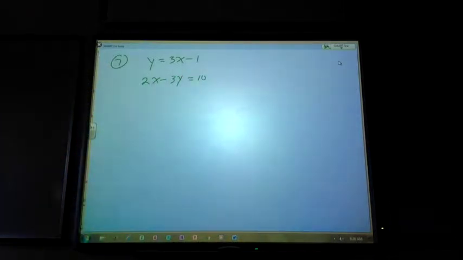Okay, Casey. The directions for these problems say solve the system using substitution or elimination. One key for substitution is we need to have a variable either solved for or easily solved for. Do you feel we have a variable solved for right now on either of those equations? Which one? Yes, that's correct.